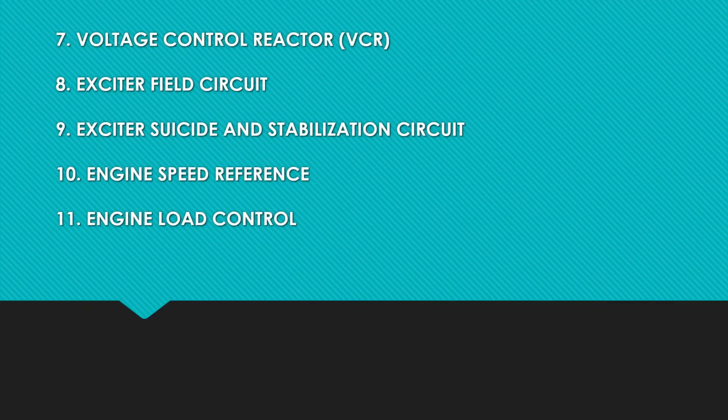Now the voltage control reactor. VCR is a measuring reactor which provides a signal to the mixer circuit to limit alternator rectifier voltage. This reactor also consists of 2 cores around which are wound 1 AC winding and 2 DC windings. The operation of this reactor is similar to the operation of ACCR.